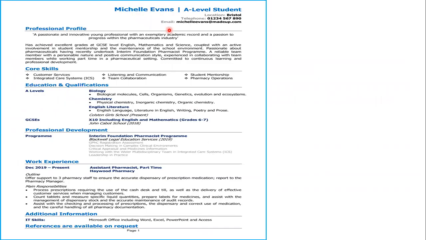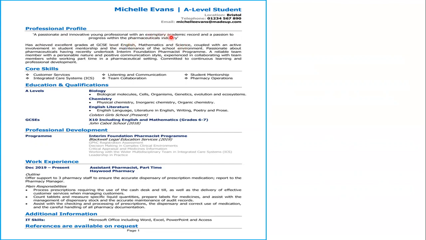Michael Evans, A-level student. A-level, O-level, you understand that A-levels and O-levels, A-level is equivalent to our intermediate, and this is very important in the West, especially in England. Fine. And let's have the CV, contact information, personal profile, a passionate and innovative young professional with an extremely academic record and passion to progress within the pharmaceutical industry.